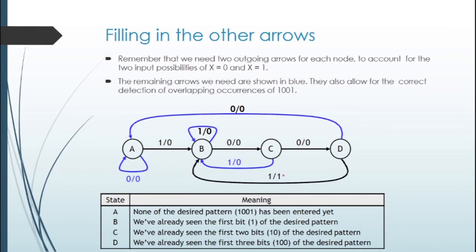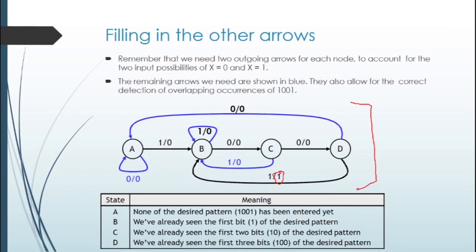For that true sequence, if the pattern is recognized, the output becomes 1. For all other cases the output is 0, and the state machine passes through these different states accordingly. So this is the state diagram for this sequence recognizer.